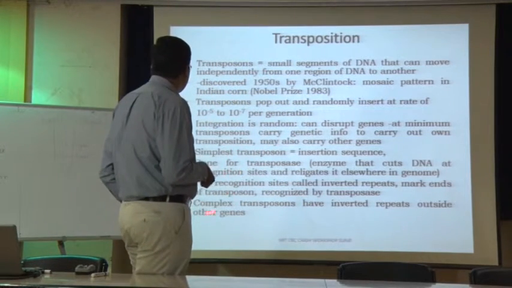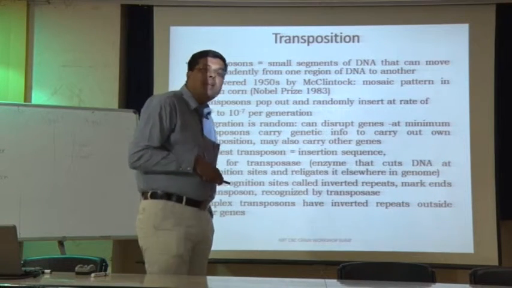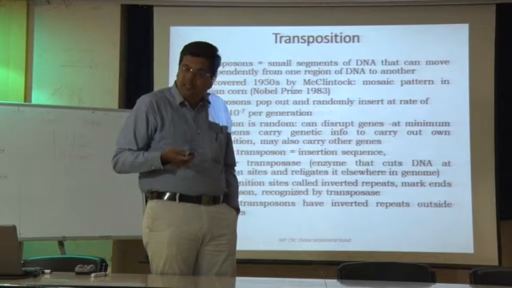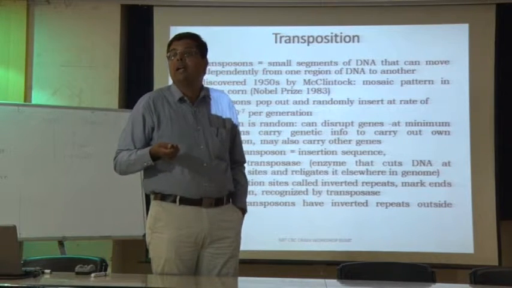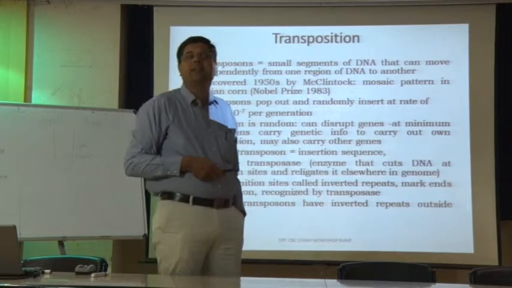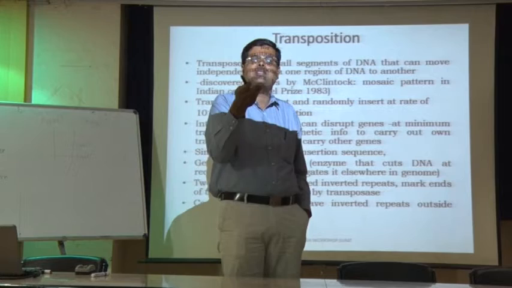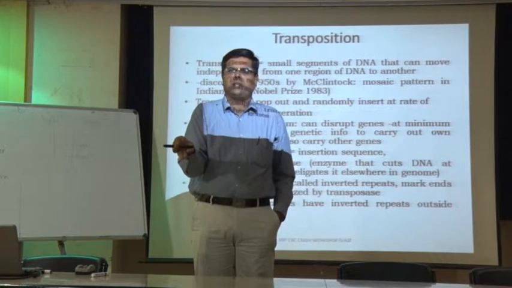But there are certain transposons known as complex transposons. They have some additional marker, for example, a heavy metal resistance marker or an antibiotic resistance marker. As you asked, the antibiotic resistance marker, the RTF we talked about, the resistance transfer factor, is nothing but a transposon. Are you getting it?